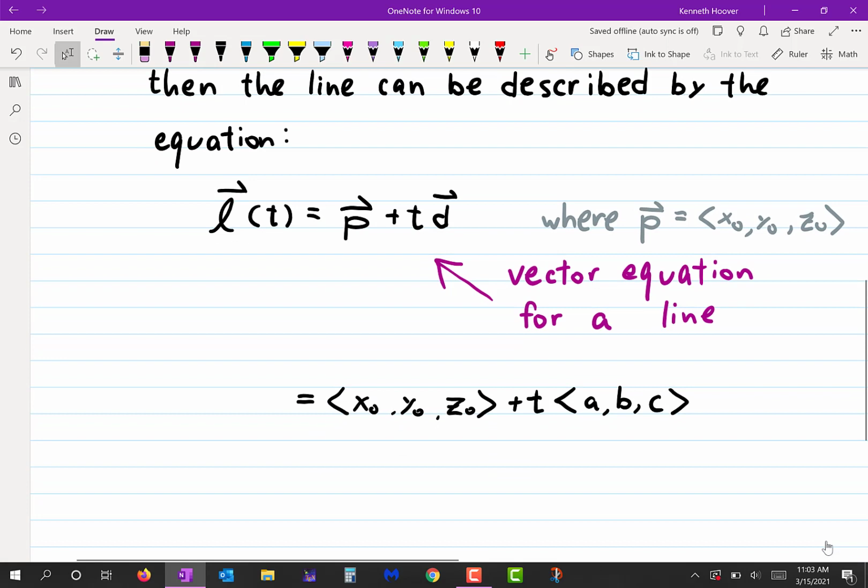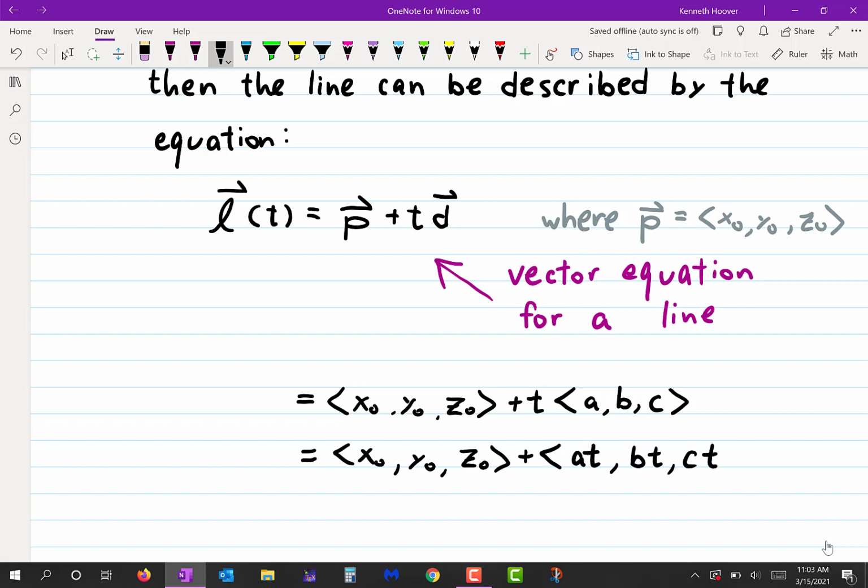Okay, so let's do that arithmetic. That would give us this, plus this. Let's add those two vectors together.